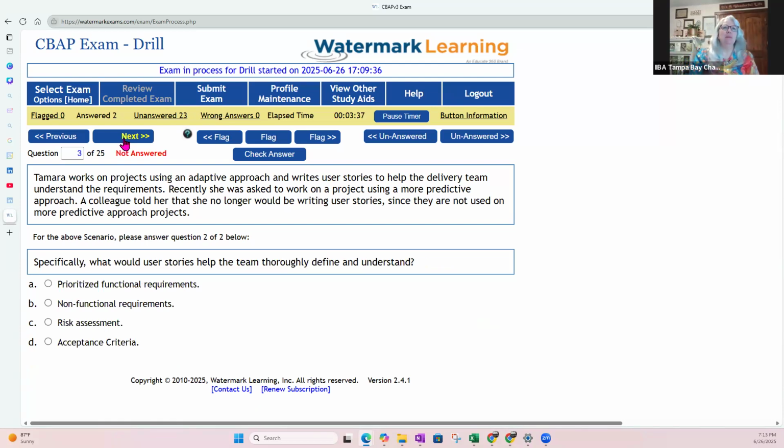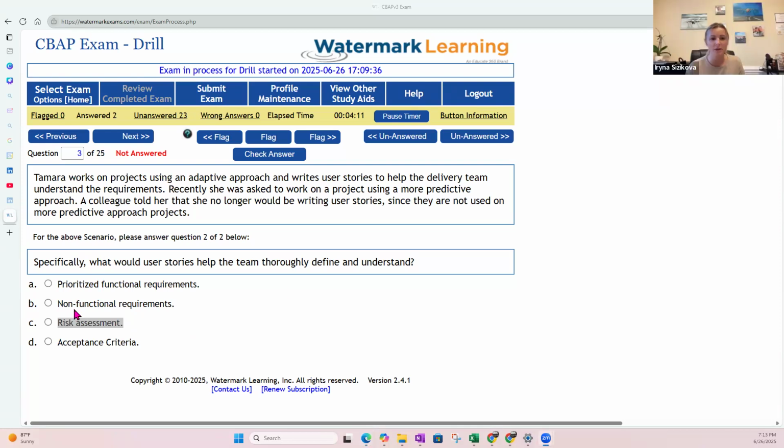Okay, next question on the same scenario. Specifically, what would user stories help the team thoroughly define and understand? Would it be prioritized functional requirements, non-functional requirements, risk assessment, or acceptance criteria? Let's eliminate one. Risk assessment. Yeah. I'm going to eliminate risk assessment. So what would it help them thoroughly define and understand? Acceptance criteria?